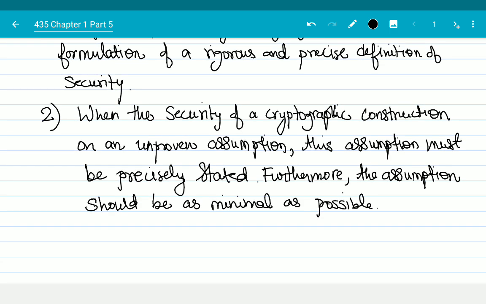The bigger the assumption, the easier it is to fail. If you're using it for a very, very small thing, there's a higher chance that even if the assumption does not work, your system is still going to work. Okay? So you want to use unproven assumptions as little as possible, while stating them as precisely as possible.